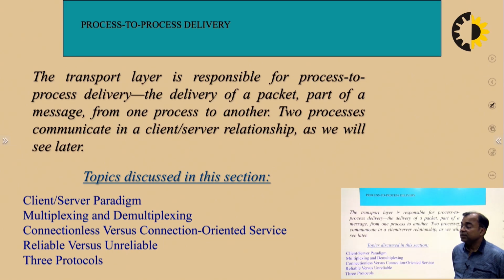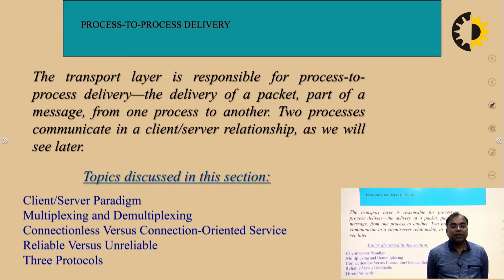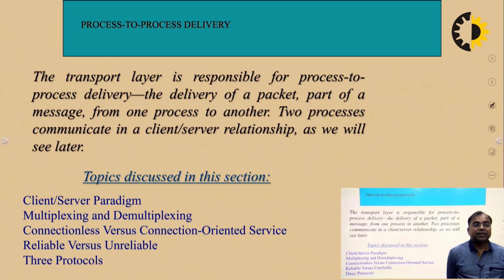What does this mean? What is a process? Process means, if we are sending data from Instagram, that is one process, and on the other side it is only delivered to that Instagram process. So this is process to process delivery of a packet, which we can say is delivery of a message from one process to another. It means two processes communicate in a client server relationship.